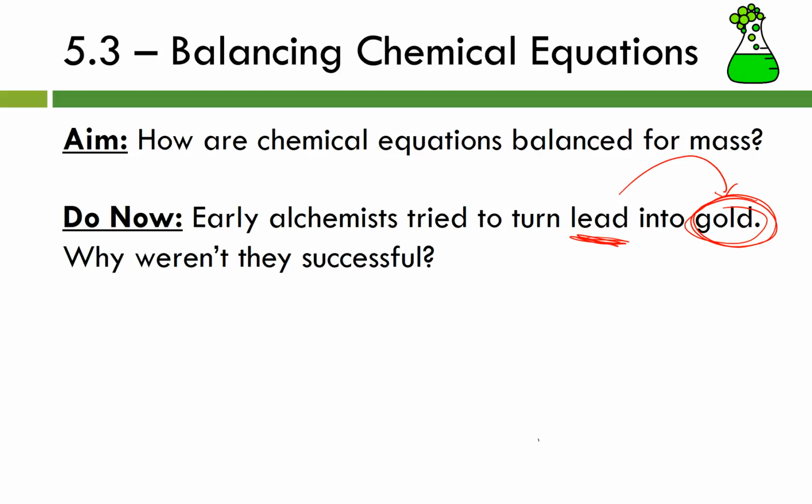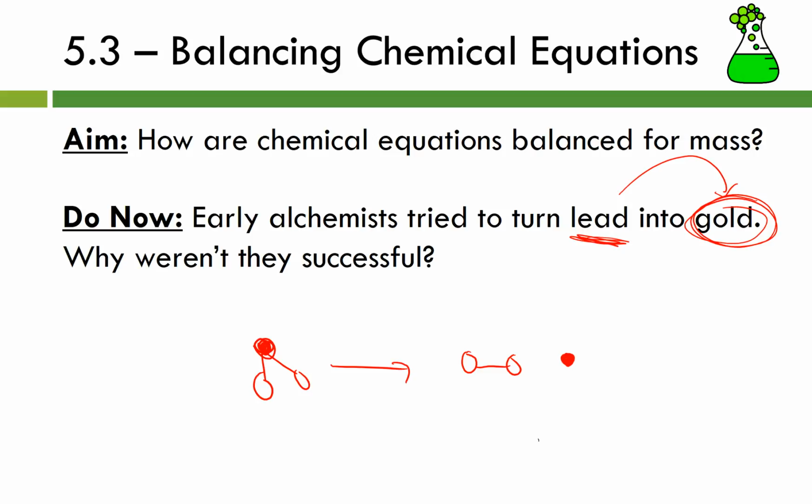The reason for this, and hopefully you figured it out from the reading, is if you don't start with gold as you begin a chemical change, there's no way you're going to produce it at the end of a chemical change. A chemical change is just going to take the atoms that are present. Let's draw a little molecule that's just supposed to represent something very generic, and as a reaction occurs, you can change the way the atoms are bonded together to create new molecules, but you can't create new atoms or new elements.